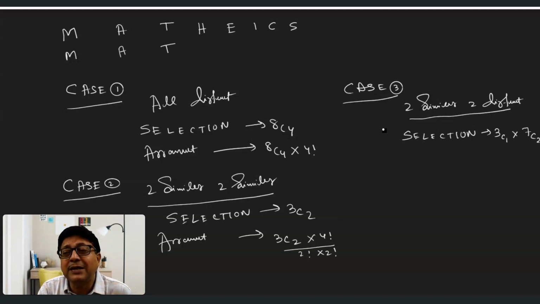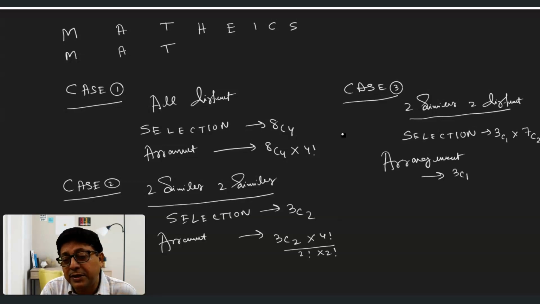And when you have multiplied the result by 3C1, it means you might have selected 2A and 2 from the remaining 7 different letters, or 2 T's and 2 from the remaining 7 different. So selection can be done in 3C1 into 7C2 ways, and arrangement can be done in 3C1 into 7C2. 4 you have selected.